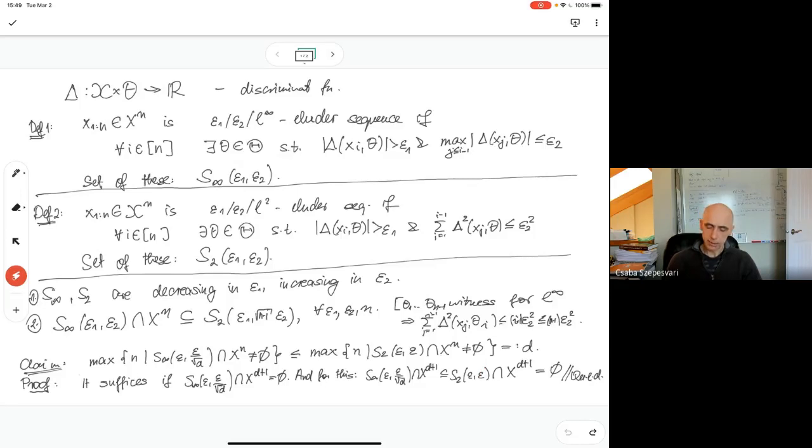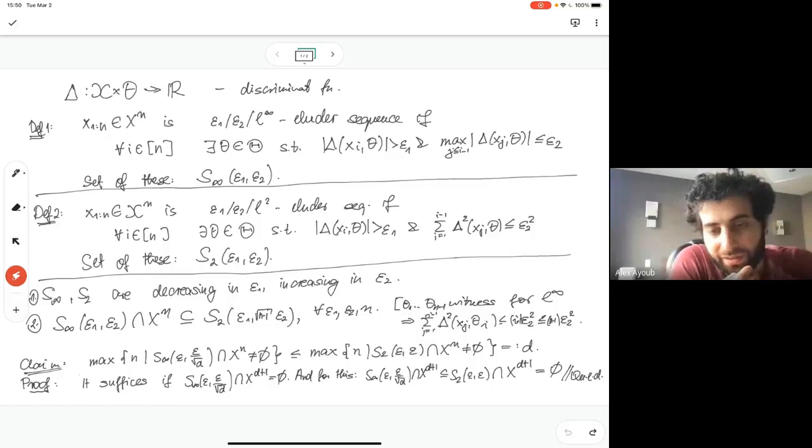So this containment holds, and of course you can intersect this with the same set of sequences, and by the definition of d, this is empty. So it follows that this is also empty, and the claim holds. Anyways, once the lecture notes are up, this is going to be clarified there. Is this clear?